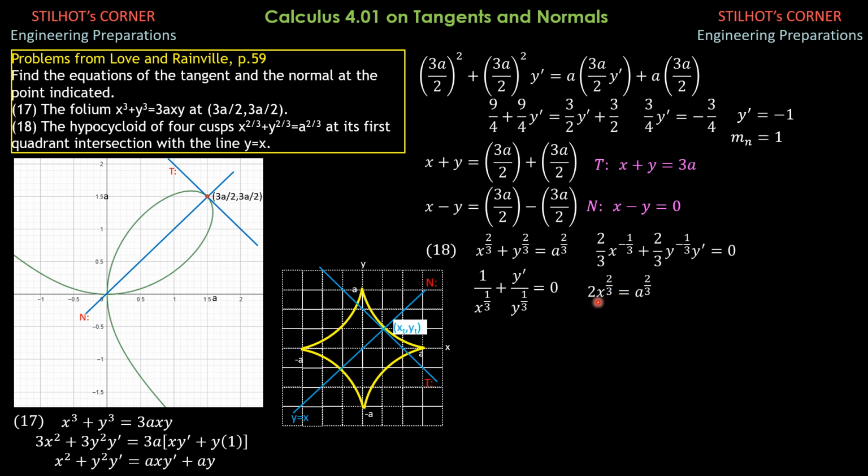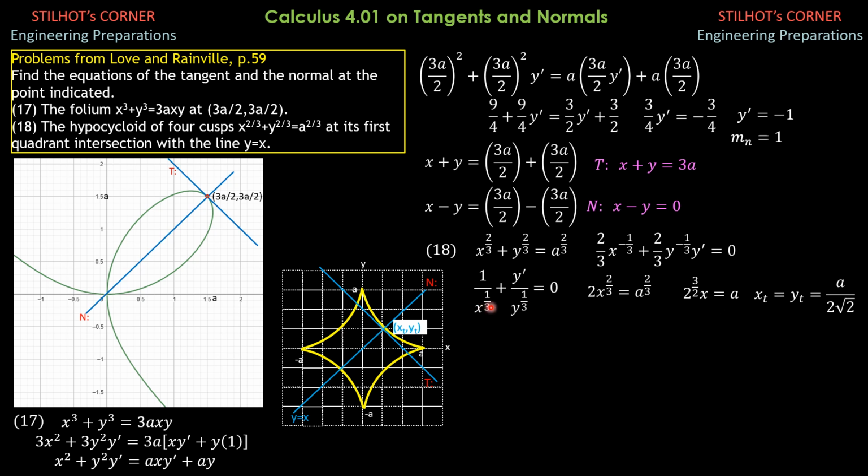So 2 to the 3/2 times x equals a. So x therefore is a over 2 to the 3/2, or x sub t equals y sub t, the coordinates of the point of tangency, equals a over 2 square root of 2. 2 to the 3/2 is also 2 square root of 2. So they are equal at this point here.